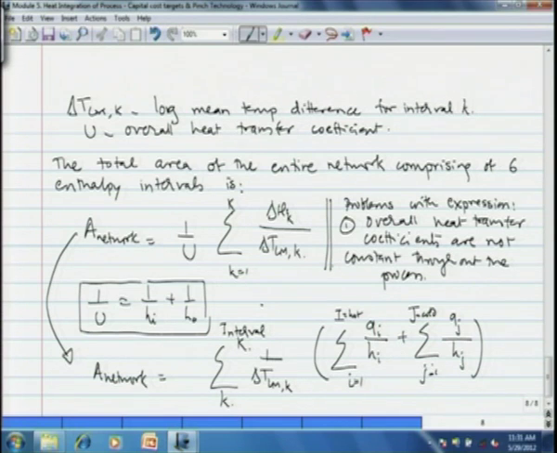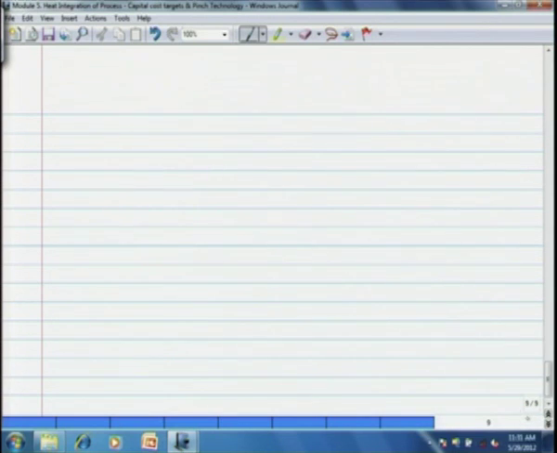So, this is how we decompose a simpler expression into a slightly more rigorous expression that takes into account the variation in film coefficients. But still there is a problem of determining the film coefficient. First of all, I give you the notations so that you can use this formula, because we shall use this formula in our tutorials.